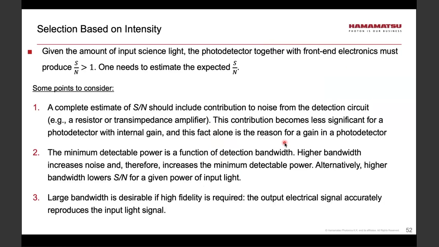You may be wondering, will there be a difference? The answer is yes, because remember, different photodetectors have different amounts of dark current and different intrinsic gain. So for a given load electronics or front-end electronics, the overall signal to noise ratio is expected to be different. The main criterion is that S over N must be greater than 1, and ultimately one would like to have it as large as possible.